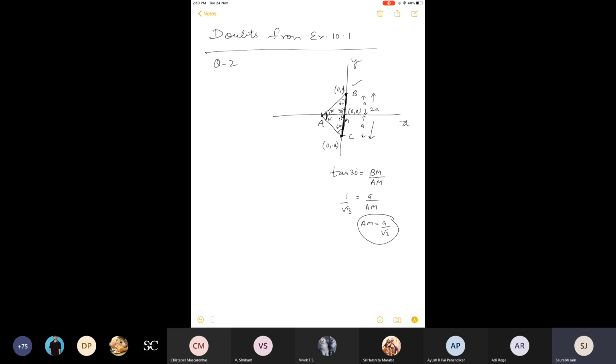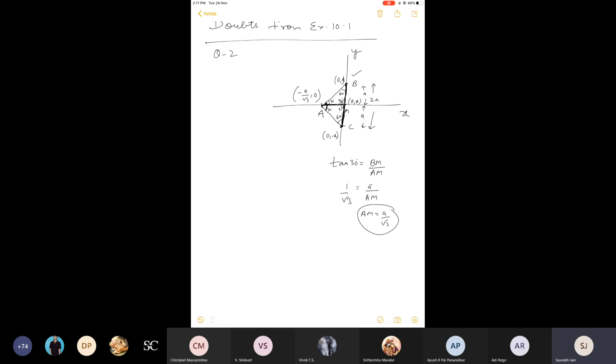Now length AM is a root 3, and point A is to the left of the y-axis. I will make one more diagram. First you listen. AM length is a root 3 and A is to the left of the y-axis, or simply A is on the negative x-axis, that is why the vertex will have the coordinates minus a root 3, 0.